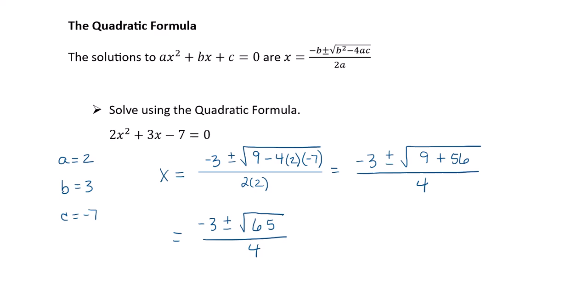Now, the square root of 65 is 5 times 13, and there's nothing more that you can do to factor that, so we don't have enough prime factors to be able to take anything out. We're simplified right here. So x is going to be equal to negative 3 plus the square root of 65 over 4, or negative 3 minus the square root of 65 over 4.